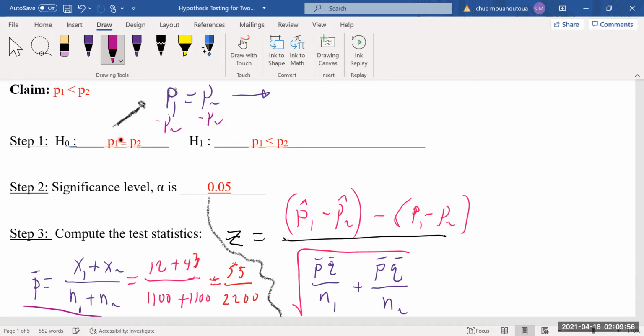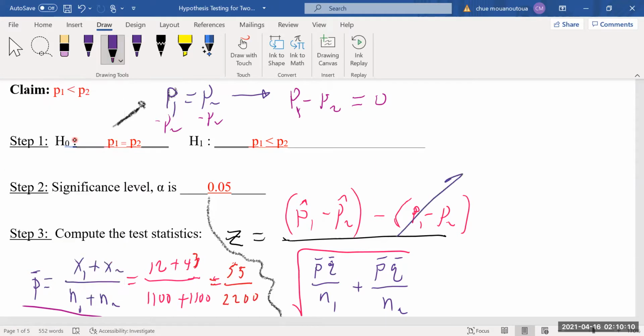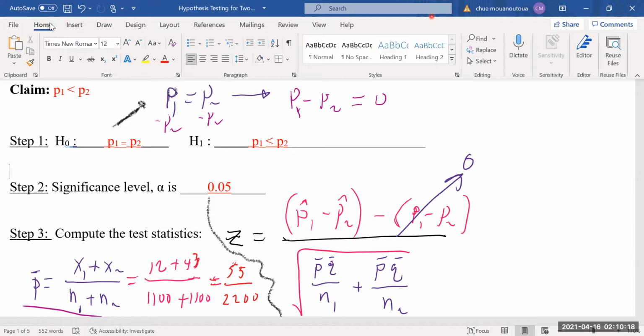So you can see that P1 minus P2 will be 0. And so this guy then is going to go to 0. Okay. So in your formula sheet, you might want to put something like P1 minus P2 goes to 0.